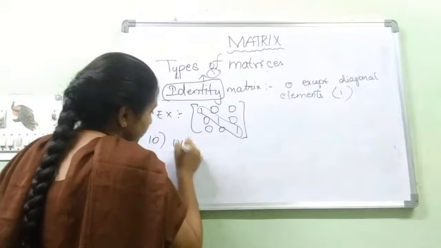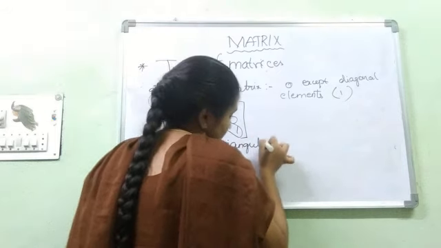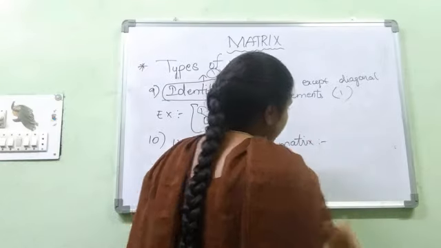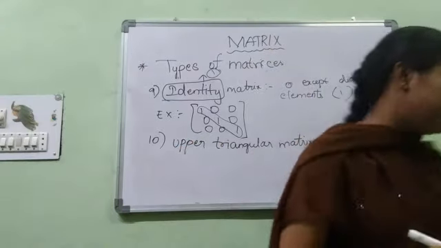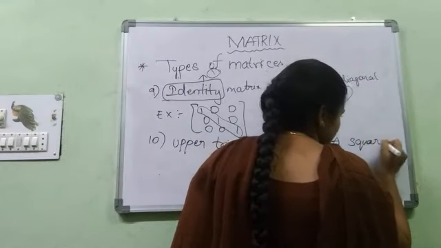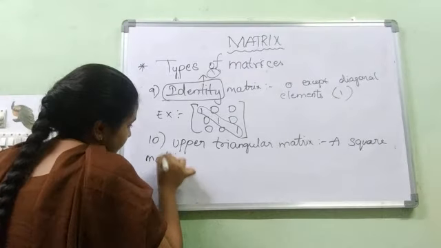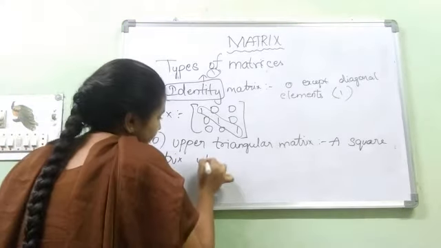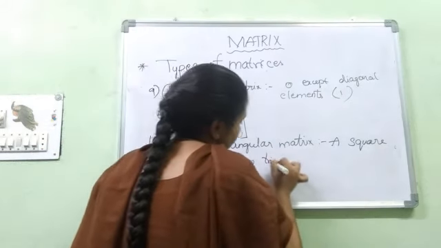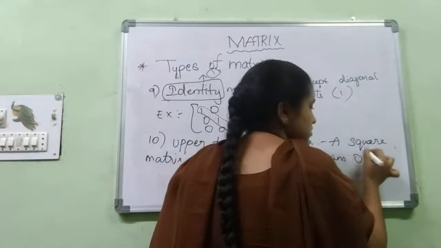Next, we can go through upper triangular matrix. So, the upper triangular matrix is nothing but a square matrix. Means the property is that it should be a square matrix where lower triangle contains zeros.